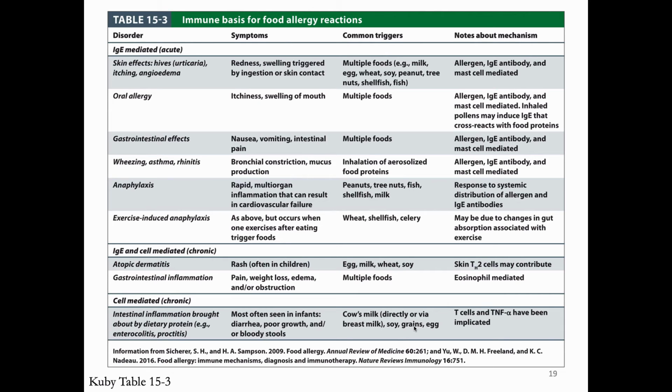Others really start to trigger mast cells when they're first eaten, and so you end up with sort of itchiness and sort of mouth swelling. You can see the GI effect, but you could also imagine if you happen to inhale something while you're eating, you could see some other types of reactions. And if we get reactions in the blood, then we can get to something a little bit more serious. So we can end up seeing a lot of different responses to those food allergens.